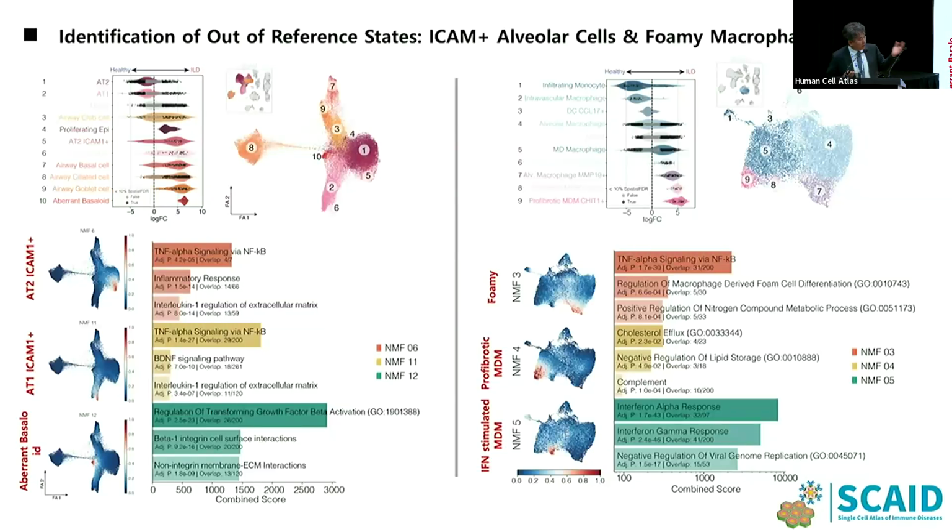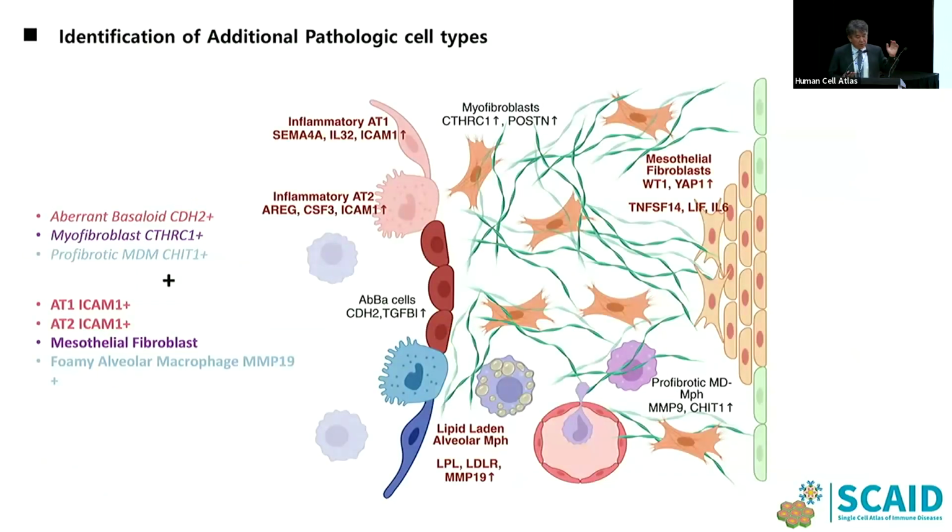So we named these foam cell macrophages. So this is a summary. In addition to the previously known 3 cell types, 4 additional cell types, ICAM1 positive 81 and 82, the mesothelial fibroblast, and foamy macrophages, are probably doing essential roles in response to the systemic inflammation.